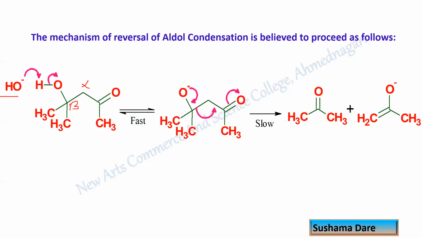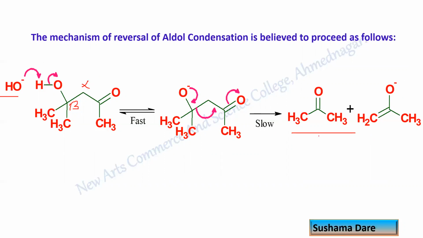So this O minus forms a double bond here, so that this carbon-carbon bond is going to break, and that step is a slow step. So due to this, it gives acetone plus CH2 double bond O minus and CH3. That is the aldol reaction.